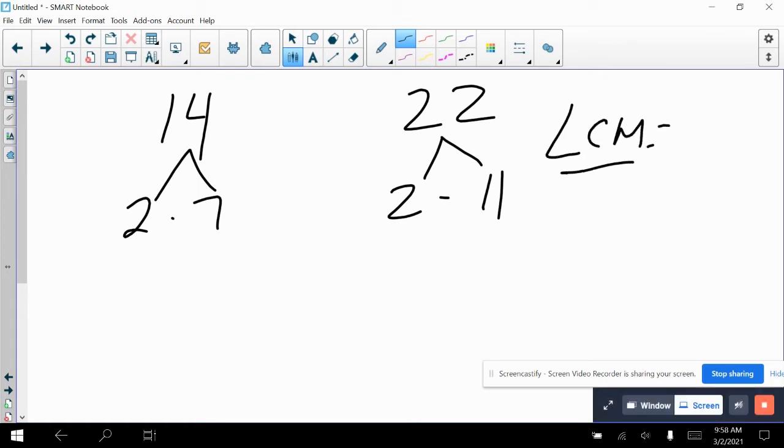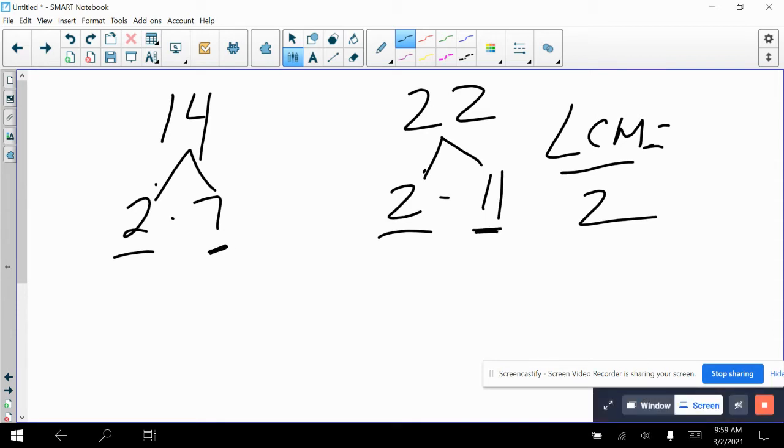Okay, again, you got to be careful here. We're finding the LCM. So what's the larger exponent? They both share a 2, but which one's larger? They're the same, right? It's 2 to the first power. So you take a 2. They're the same. So you're only taking 1.